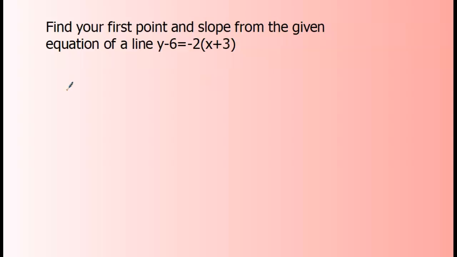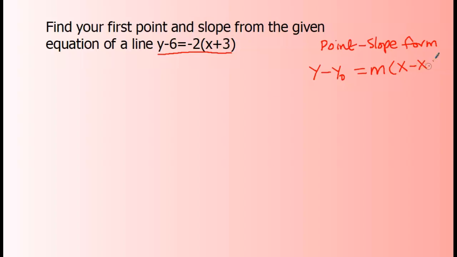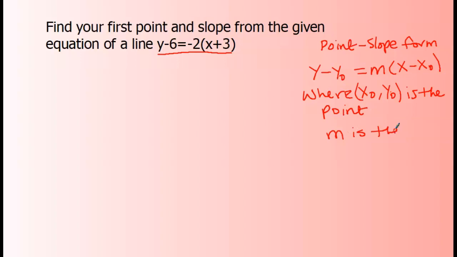Okay, so here we have been asked to find the first point and the slope from the given equation of a line. When we look at this equation, we have to be able to see this is the point-slope form. The point-slope formula is y minus y naught equals the slope times x minus x naught, where (x naught, y naught) is the point, and m is the slope.